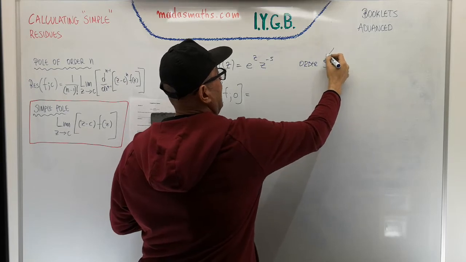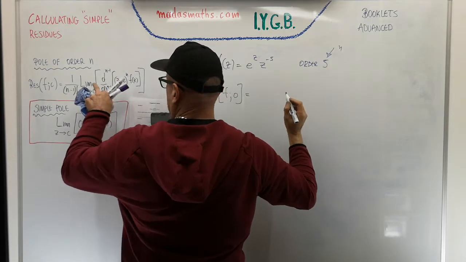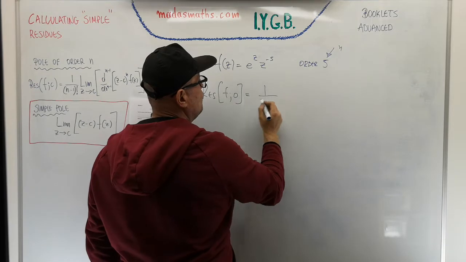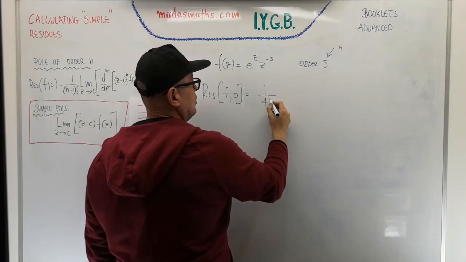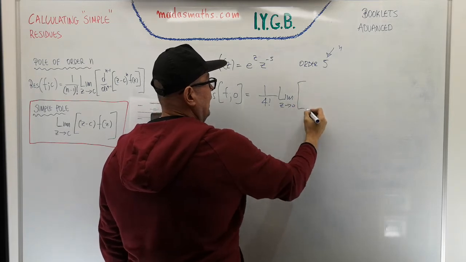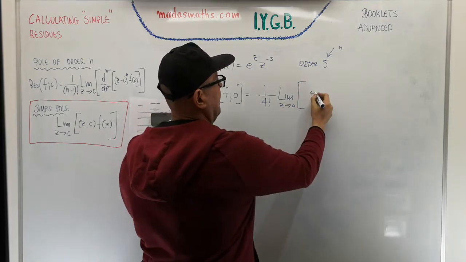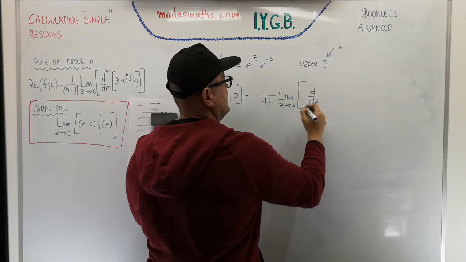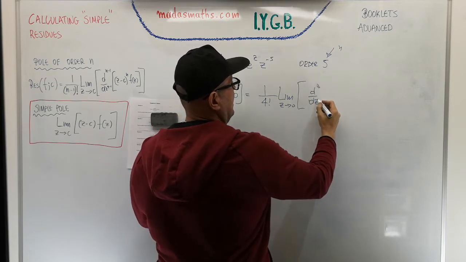Order 5, so that's my n, if you want, on this formula here. It's going to be 1 over n minus 1, which is 4 factorial, the limit as z tends to 0. And now we have d by dz. How many derivatives is n minus 1?